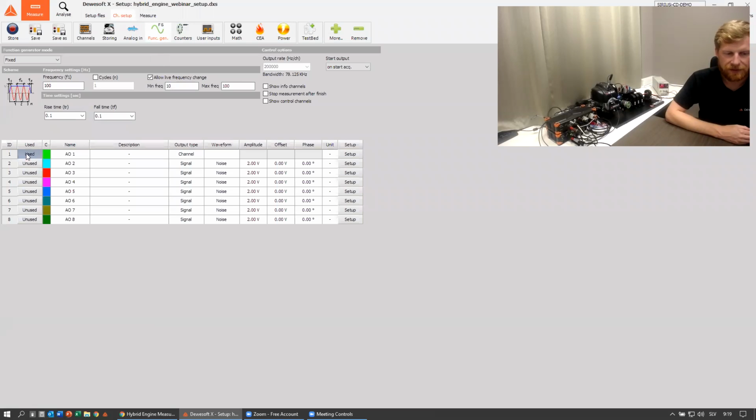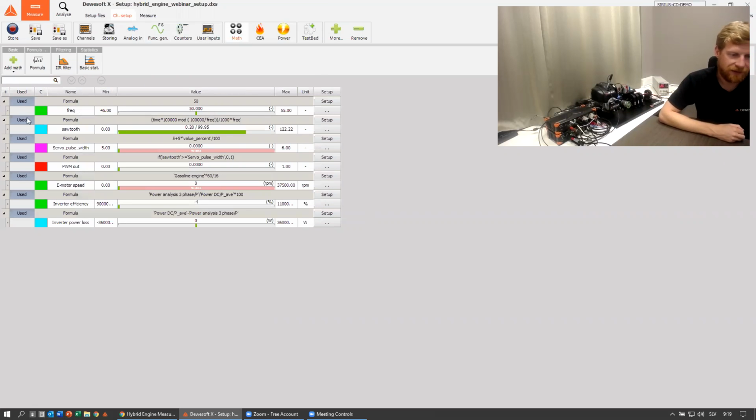So we did this with the function generator, because this inverter needs a 50 Hertz square wave signal, where the length of the pulse changes from 1 millisecond to 1.5 milliseconds. So we are using the analog output on one of the series slices, and with math we have generated a frequency of 50 Hertz, and then one sawtooth signal where we can change the width of the pulse.